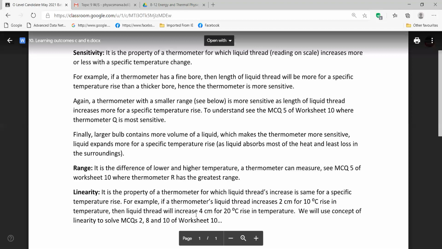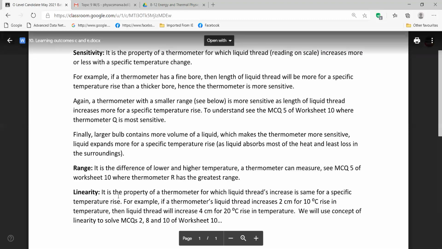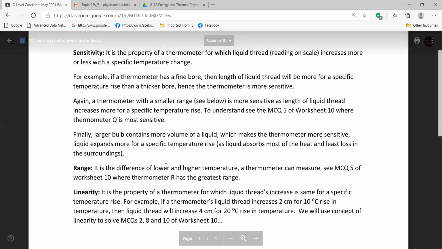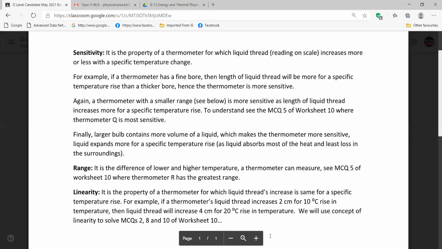Yes. The example also done. Yes. And this is uploaded in your Google Classroom also. Okay, and we wrote here MCQ 2, 8, 10. If you do, you will understand linearity. Okay. So I am uploading the worksheet. Please try as much as possible.